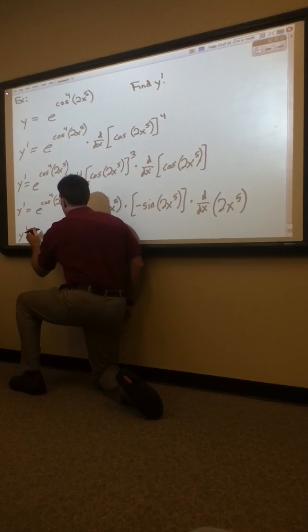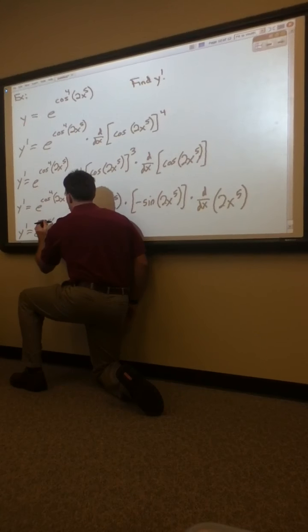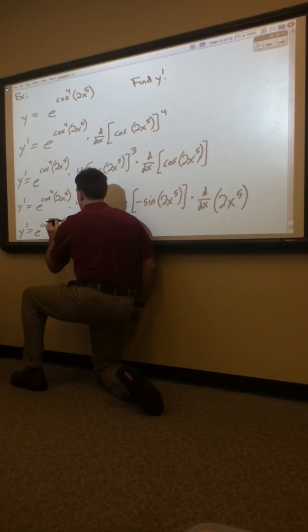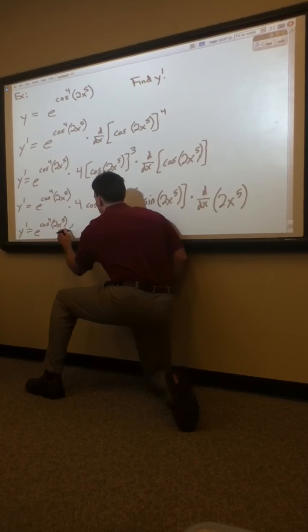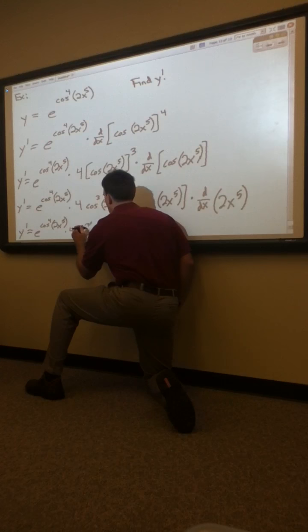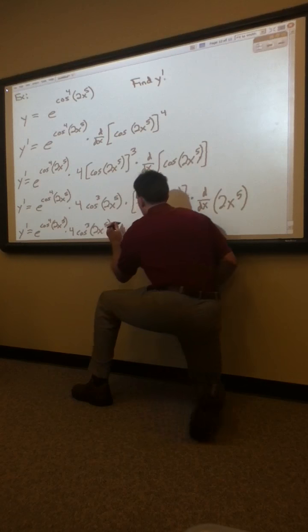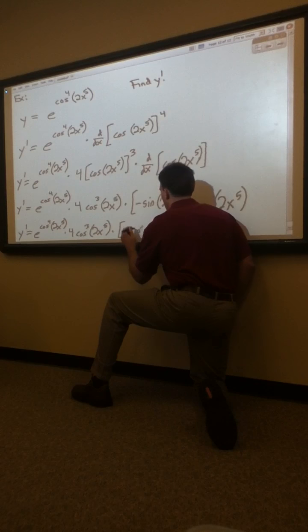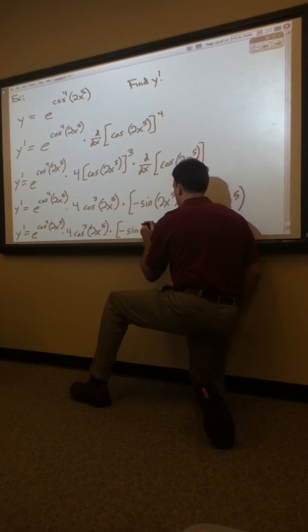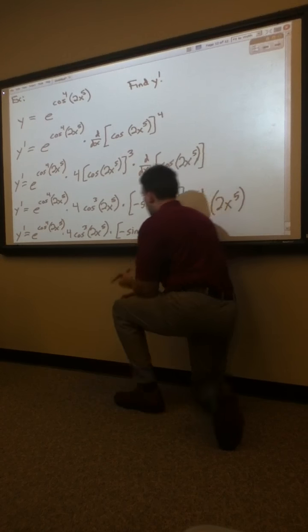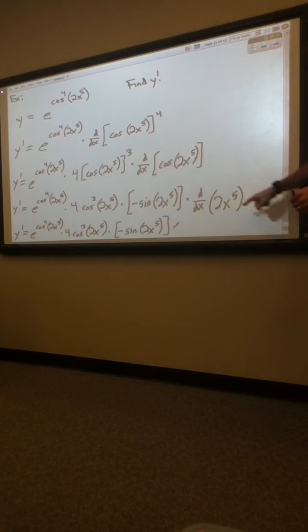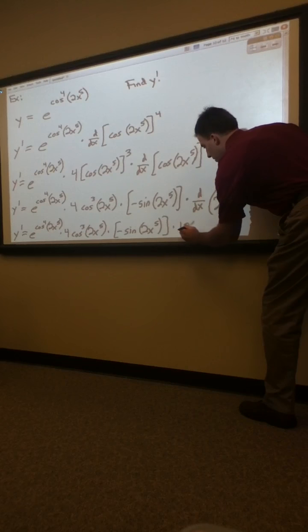So y prime equals e to the cosine of the fourth power. So the derivative of 2x to the fifth is 10x to the fourth.